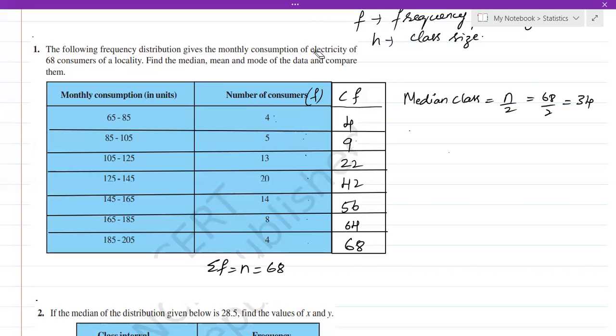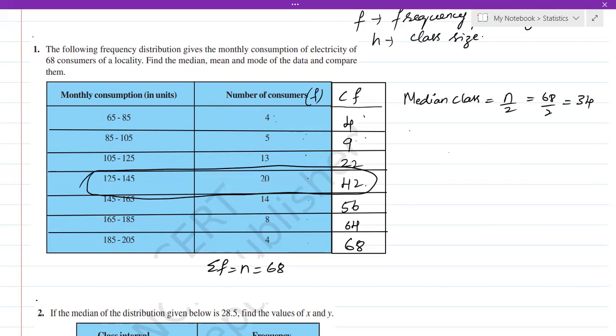In the second column we have 9, meaning the first 9 data. In the third column it is 22, so the first 22 data. Till here, we don't have the 34th data. So the median class will be this fourth one, because when CF is 42, this 42 includes the 34. In that information, you will definitely have the 34th information. So the median class is this one.